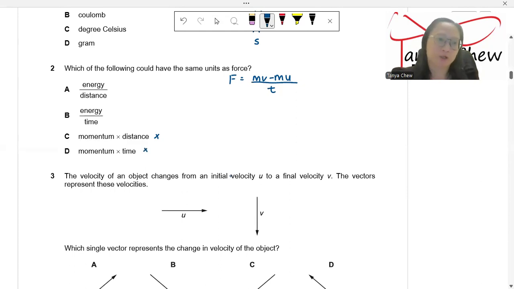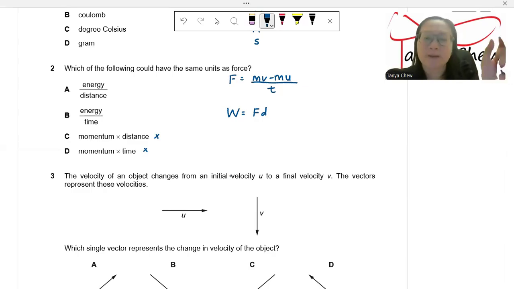Now, since it is related to energy, I would like to define work first, because work can be related to force. Work is defined as the product of force and distance moved in the direction of force. Work or energy is the ability to do work, so energy is actually equivalent to work.